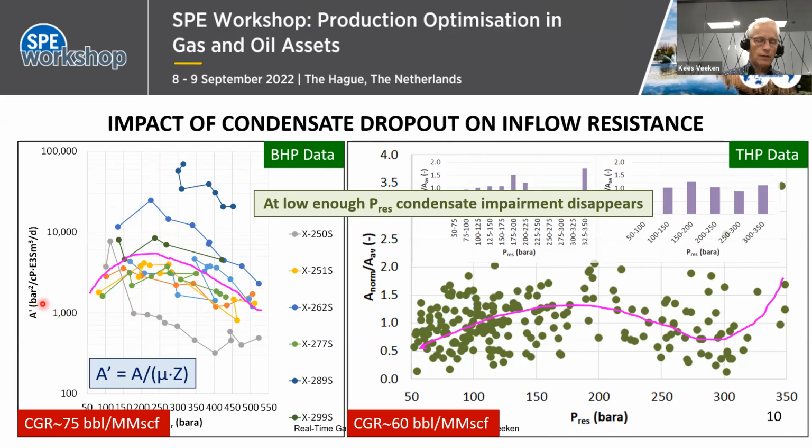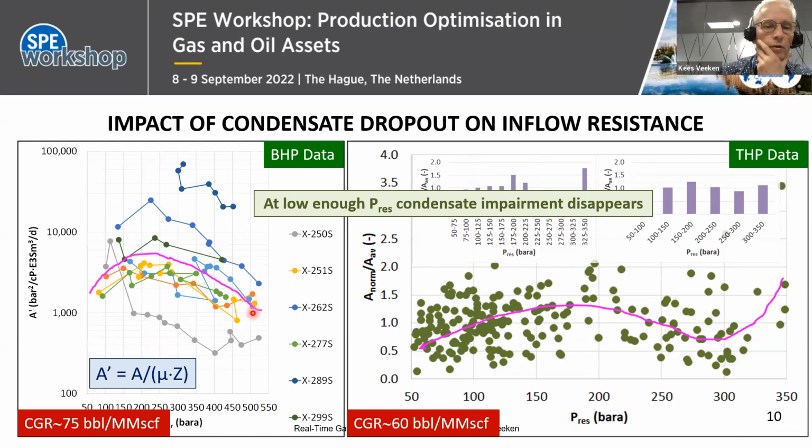These A factors are not the inflow resistance per se, it's actually a pseudo pressure inflow resistance, because we're dividing by viscosity to make it independent of reservoir pressure. So if nothing would happen, then all these wells with all their inflow resistance terms should be flat, with no variation as reservoir pressure declines from around 520 to around 50 to 100 bar.